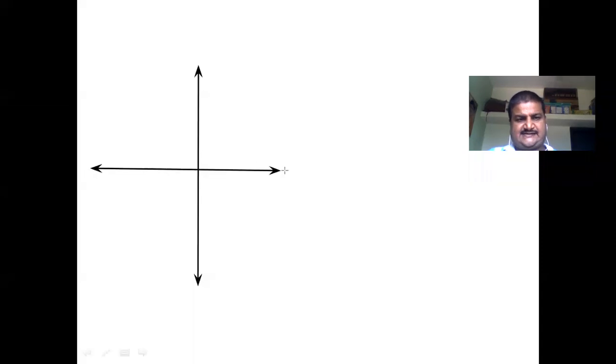So here I'll draw a coordinate system. This is the vertical axis, then there is a horizontal axis.